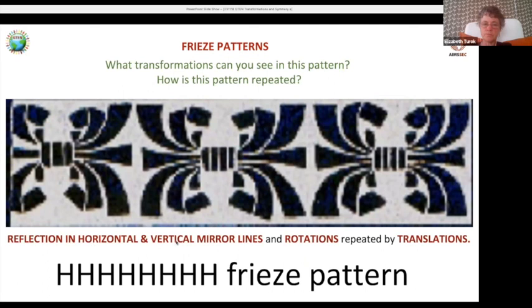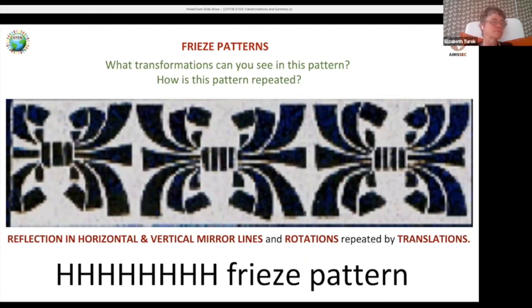So there's reflection in horizontal and vertical mirror lines, and rotations, because if you look at the mirror center there, you can imagine that piece rotated through 180 degrees to get the one at the bottom. It doesn't work to rotate it by 90, but it does work to rotate it by 180. And so all of the same features are in that pattern of H repeated, H, H, H. So that's the way you look at these things.